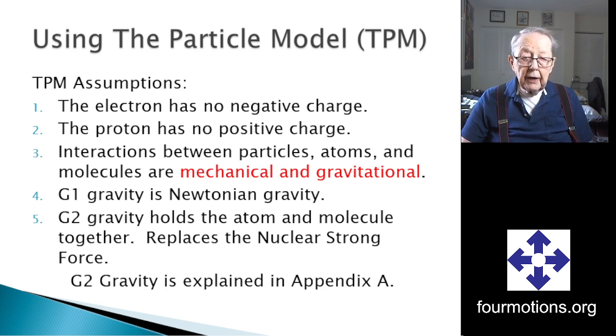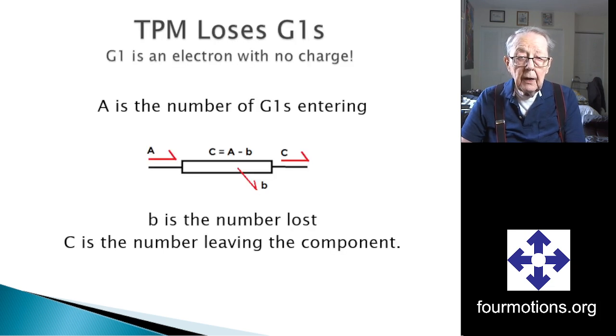And G2 gravity is what holds the atom and molecule together. It really replaces what people have called the nuclear strong force. But there's no real definition of what that strong force is. And so in the presentation today, we hope to get a little more clarity by explaining what G2 gravity is.